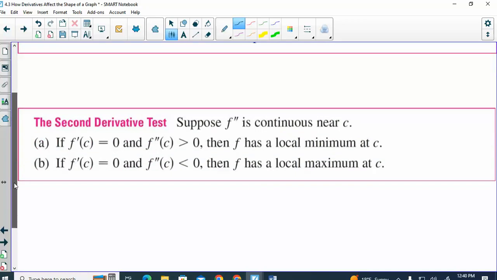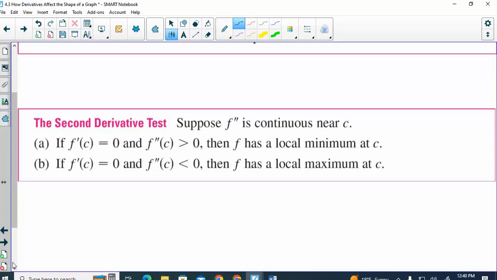Now, I don't really like the second derivative test, and I don't really use it, but I'm going to go ahead and put it out there. So the second derivative test: if we are looking at a graph, and the first derivative was 0, that means it was a max or a min, right?